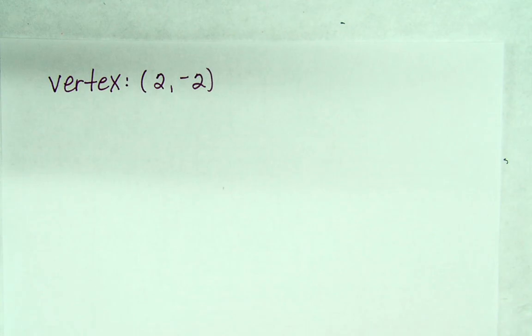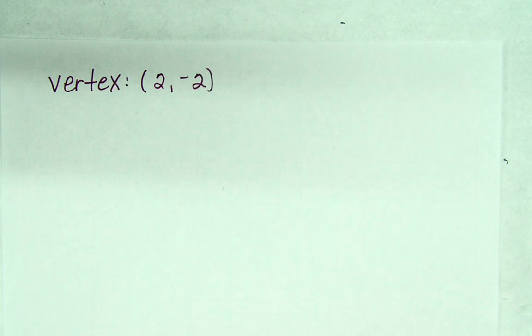Write me an equation of a parabola that has that vertex. So what are you thinking? I'm thinking, man, I wish I had a foldable that had an equation in vertex form. Oh, we do.